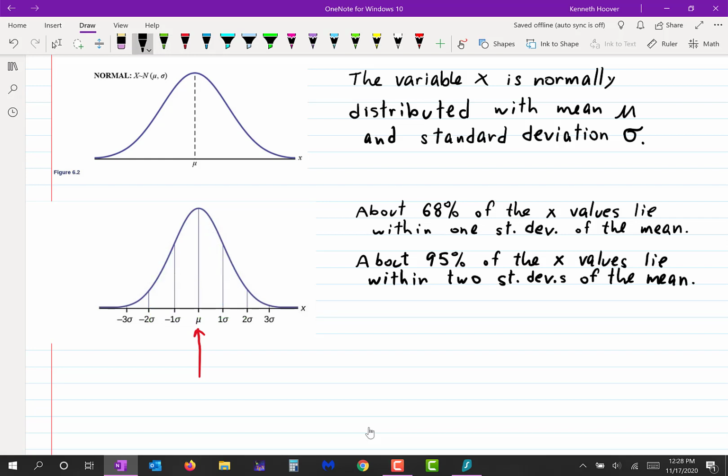What if you go out a third standard deviation from the center? About 99.7% of the x values lie within 3 standard deviations of the mean.